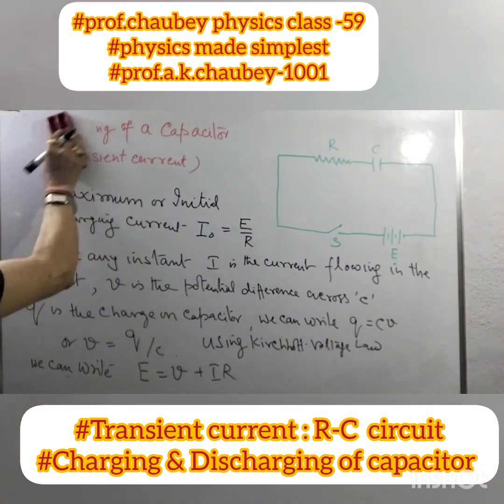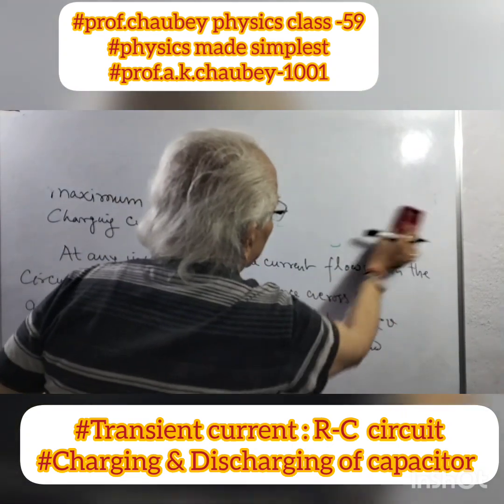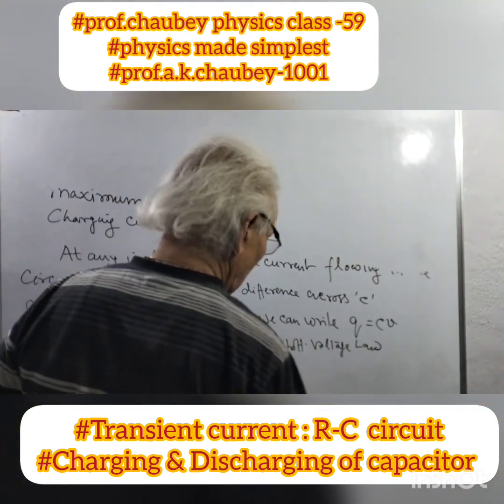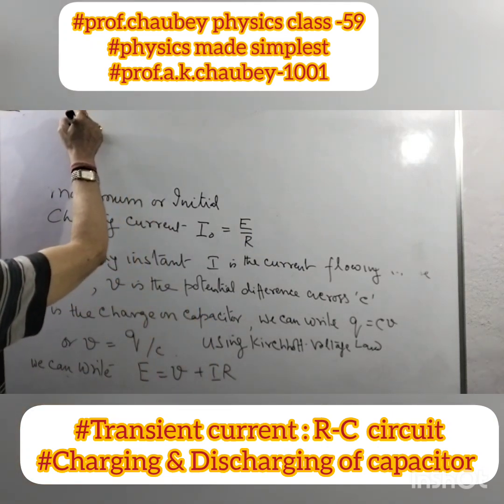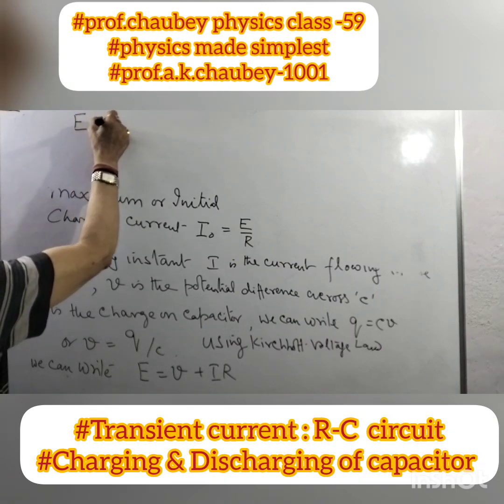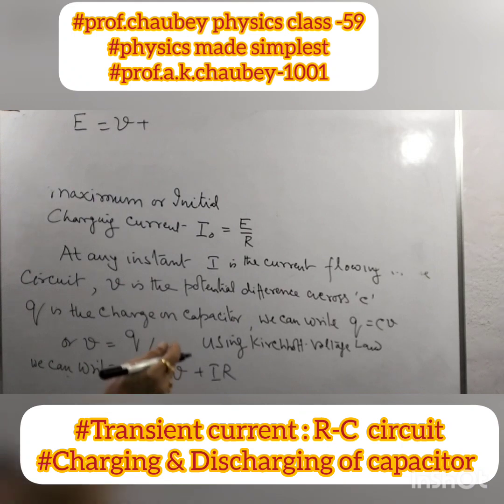So E is equal to V plus IR, and what is I? I is the rate of flow of charge, that is dq/dt, charge per unit time.